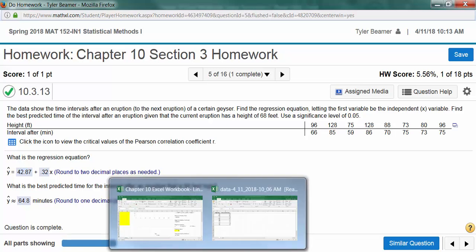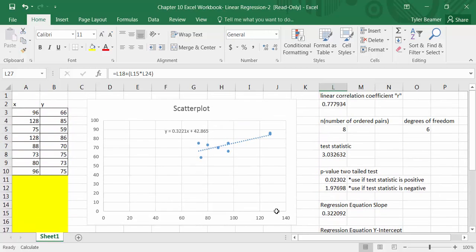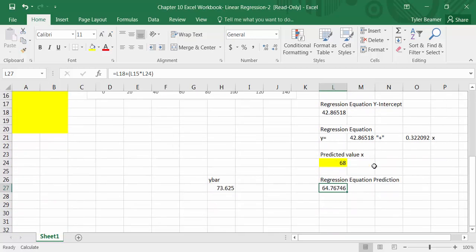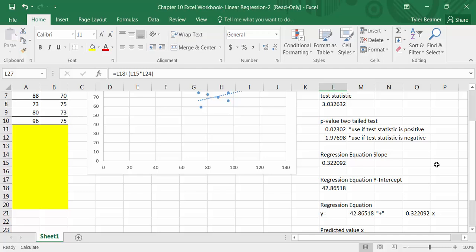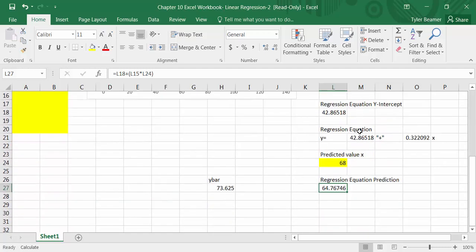So that's how you use the template for section 3. Just keep in mind, right, that you have to still interpret the results of this hypothesis test so that you can then make a decision whether you can use the regression equation or not, right? If your p-value is greater than the level of alpha, you cannot use the regression equation.